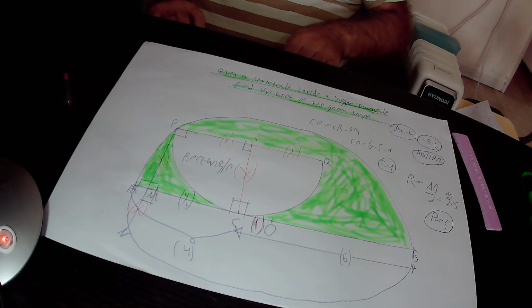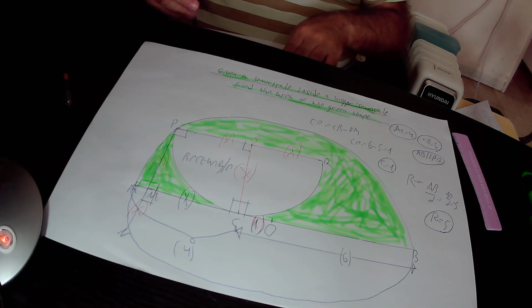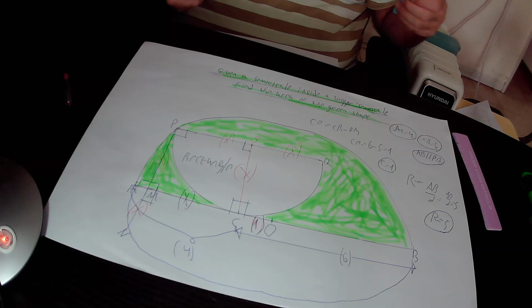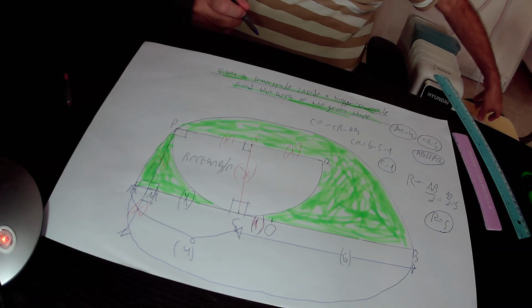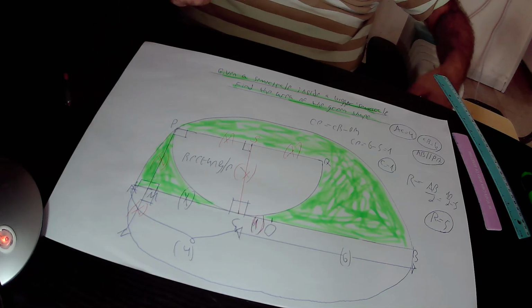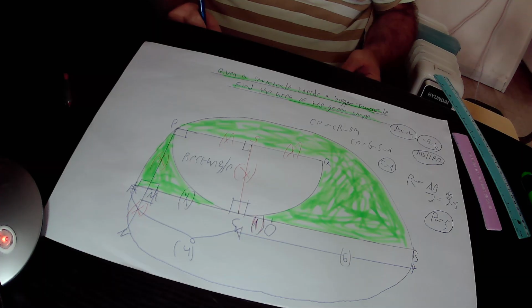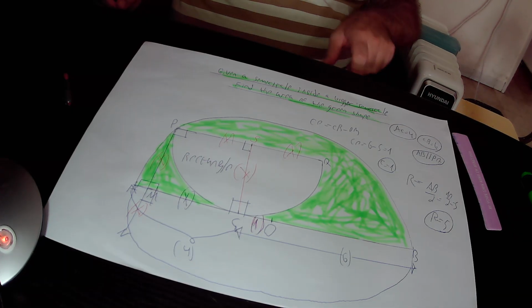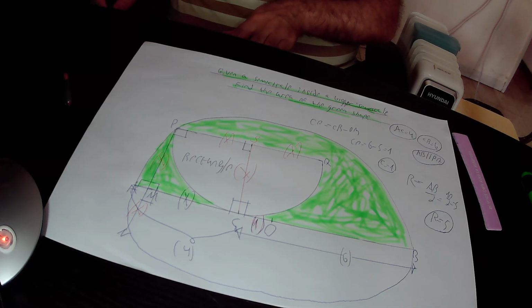We have chord AB intersects with chord PN at point M. So all the requirements of rule 24 are satisfied, and therefore we can implement rule 24 here.